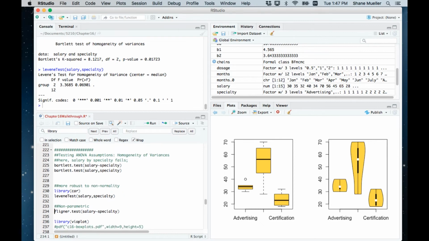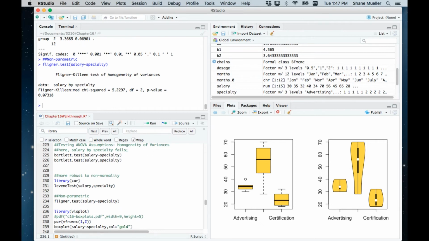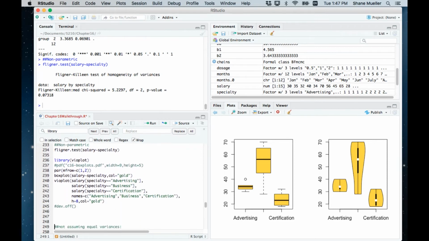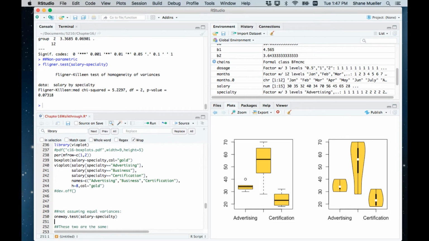There's also a non-parametric version of this, the Fligner-Killeen test, and this would suggest it's right on the cusp of being significant, having significantly different variances. So what do you do in cases like this?